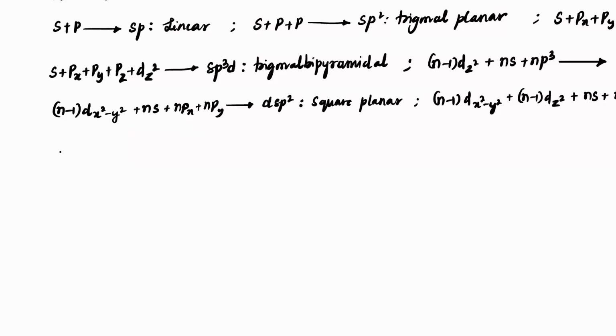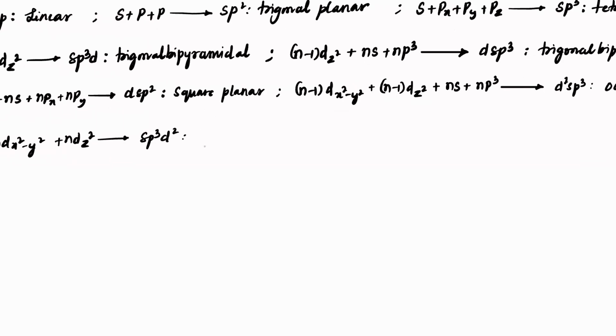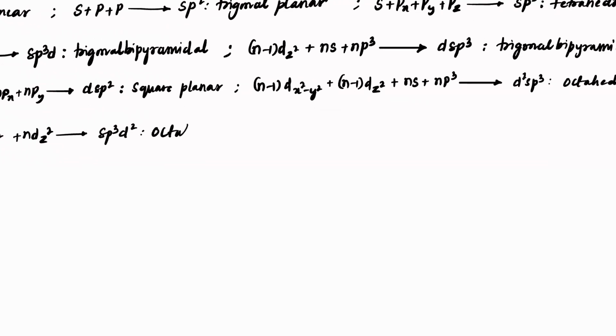Same thing I can do the other way around. That is ns np3, and then we have nd x square minus y square plus nd z square. Putting all that together, we'll get this as sp3d2, which will also be an octahedral geometry.